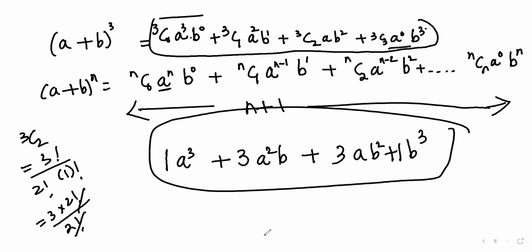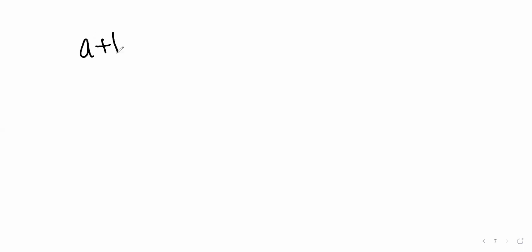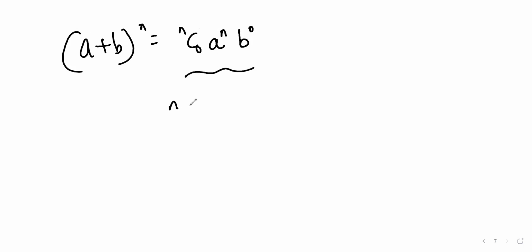So you can expand this logic to anything like (a+b) to the power 4, power 5, and so on. Where do I start off? (a+b)^n is nC0 a^n b^0. Now if I compare it with r, it is nCr a^(n-r) b^r, where in the first case r is 0.